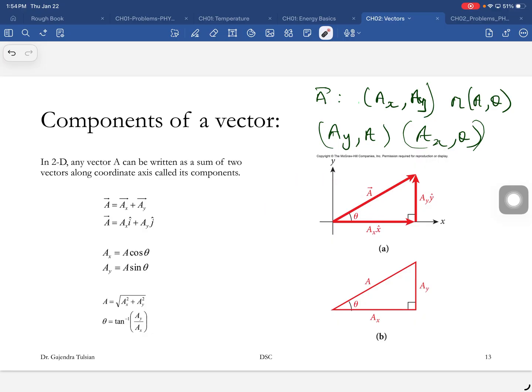Then what other thing did you learn? You have to make sure that dimensionally they're correct. So this vector has a dimension of length. This is length. This is velocity, which is length over time times time, that's length. This is acceleration, length over time squared times time squared.